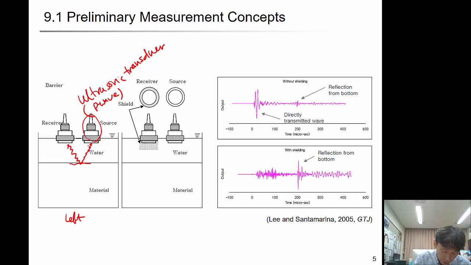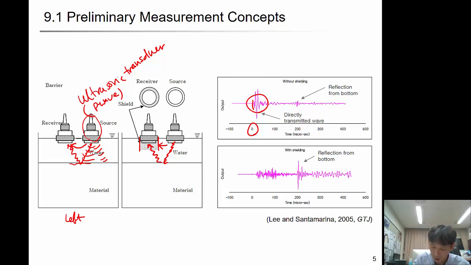But at the same time, because it's generating a sound wave, the wave also goes directly from the source to the receiver. So here at time 0, you get the direct signal transmitted from the source. But by just putting in some shield, maybe an OHP film or some paper or plastic, to cover and block the P wave transmitted directly from the source, you capture the wave reflected at the interface with a higher intensity.